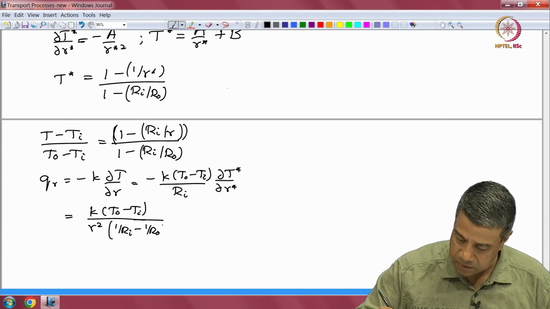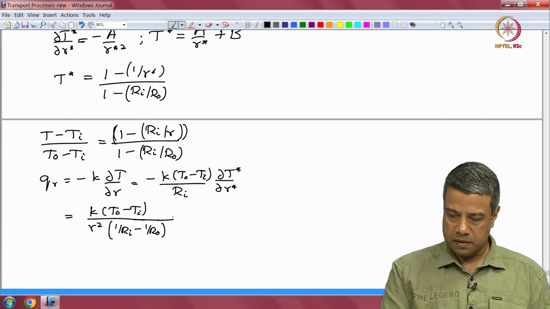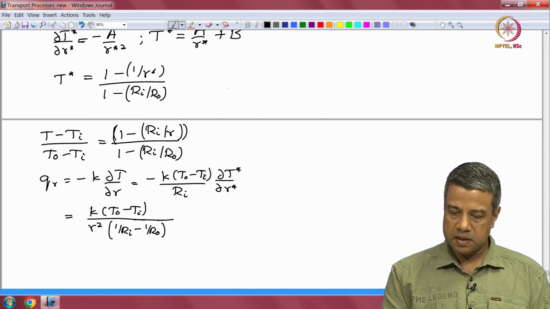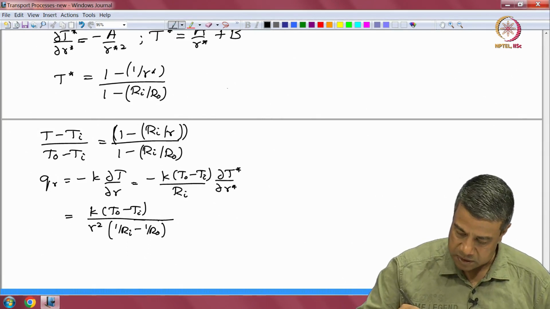Okay, so this is what you will get if you simplify this expression. The partial of T star with respect to R star is minus 1 over R star square. Let me go through this in two steps.